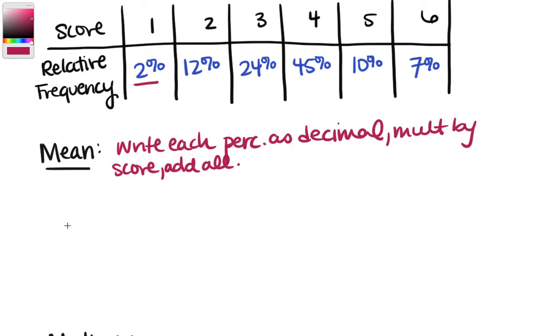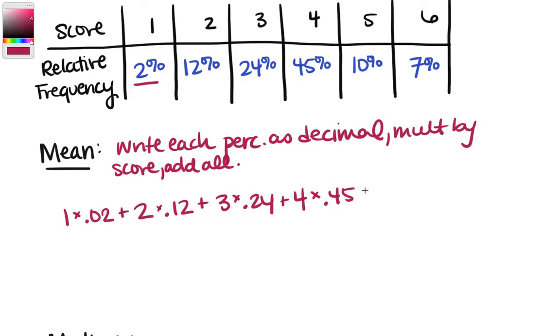Okay, so for a score of 1, 2% of people scored that, so 0.02, and a score of 2, 12% of people scored that, 0.12, a 3, 24% of people scored that, which we write as 0.24. 4 was 45%, so we multiply by 0.45. 5 was 10%, so we multiply by 0.10.